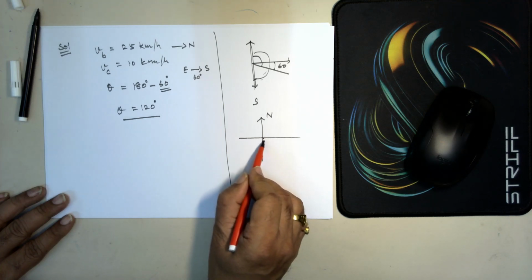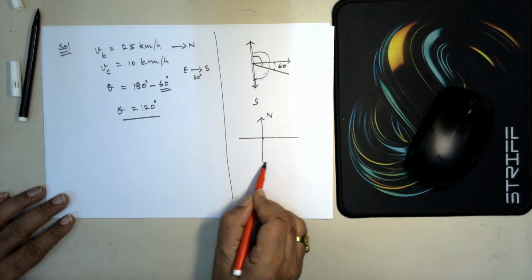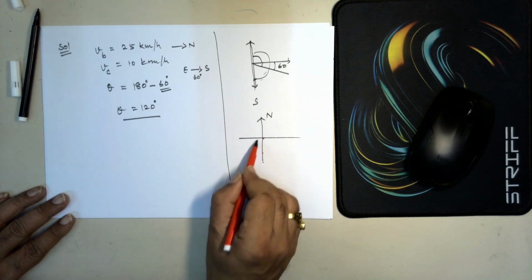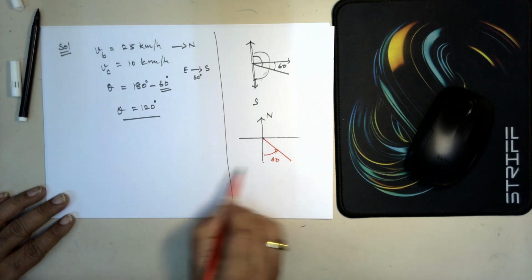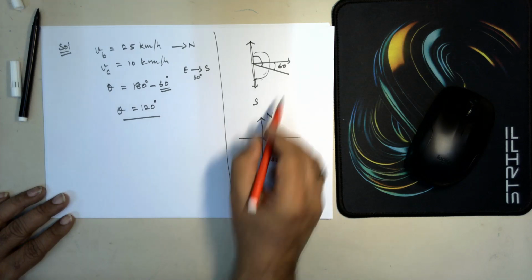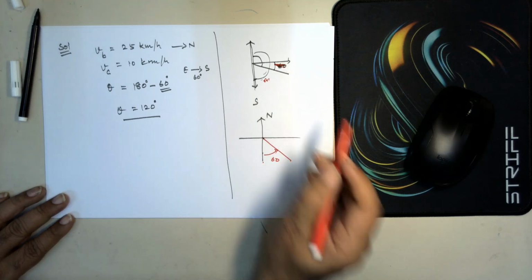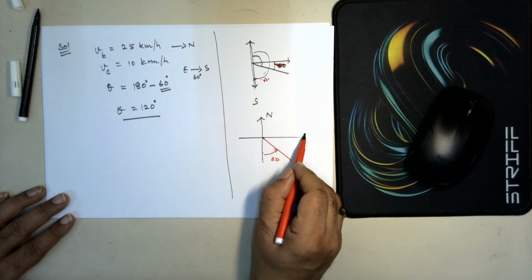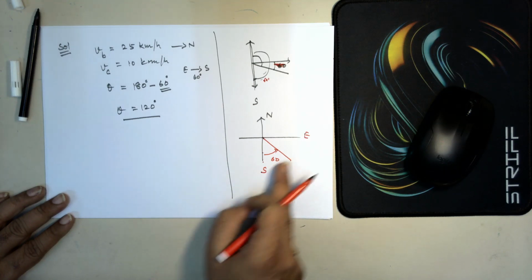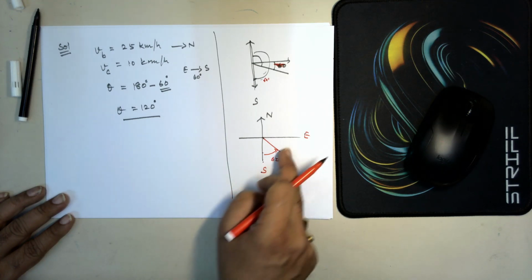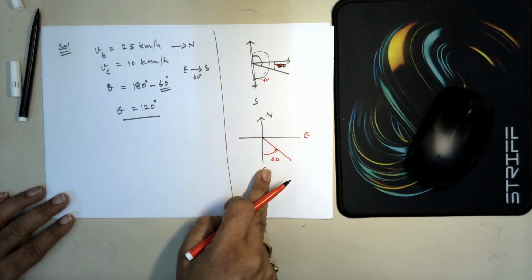It means that it is shifted from south towards east by 60 degree, right? Towards this is east, this is south. So towards the east from south, it is shifted 60 degree. Do you understand?